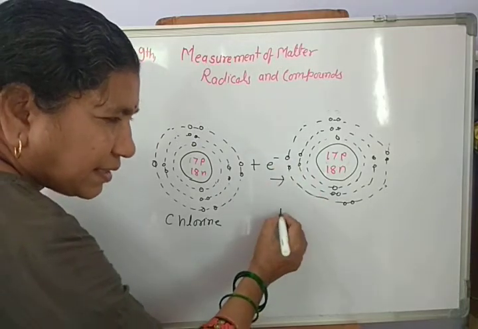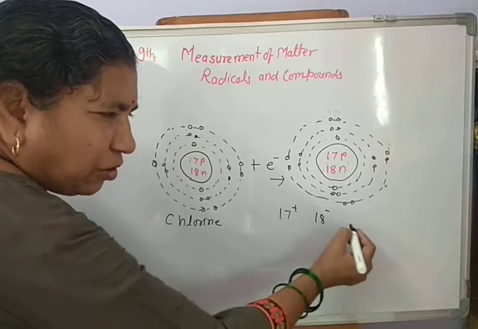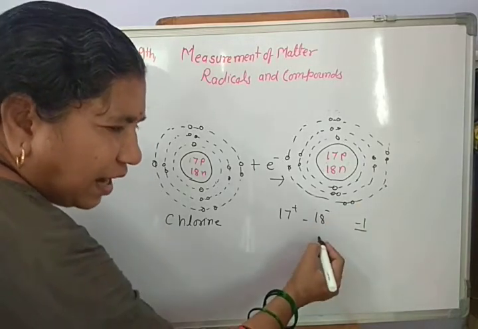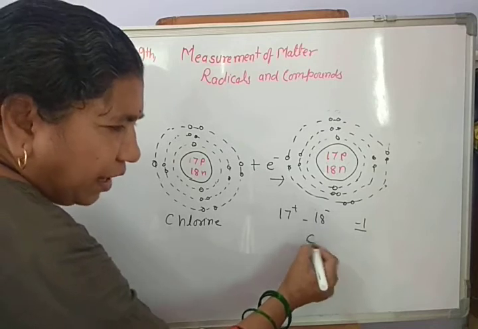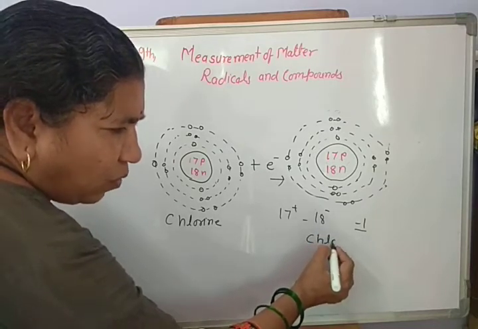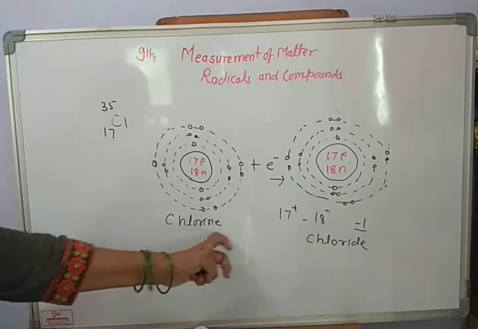Now there are 17 positive and 18 negative, so the resultant is a -1 charge, and this is the ion of chlorine known as the chloride radical, CHLORIDE.